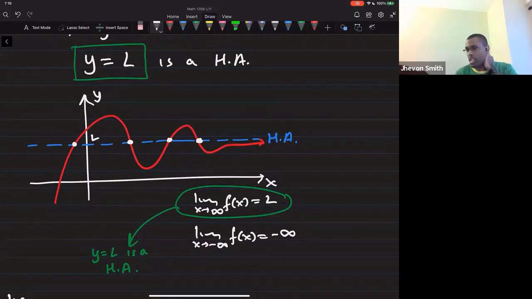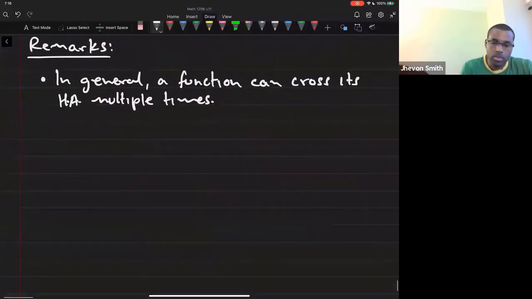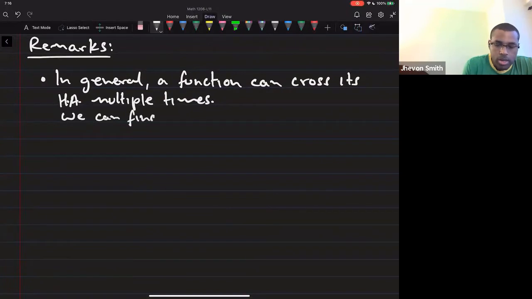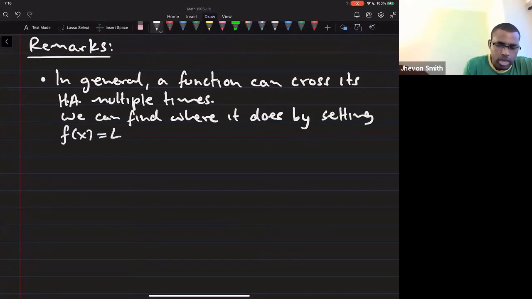That's okay. There's nothing wrong with crossing a horizontal asymptote. And you can always know if your function does by just setting your function equal to L, and you can solve for the x values at which it crosses it. We can find where it does by setting f of x equals L and solving for x.